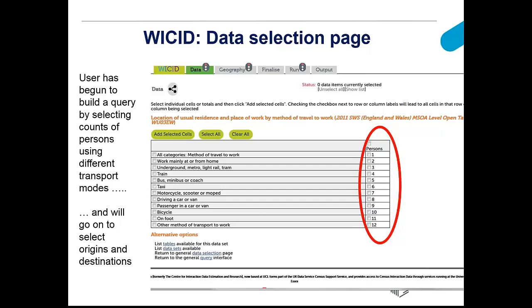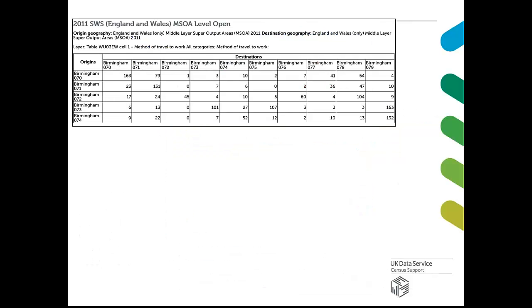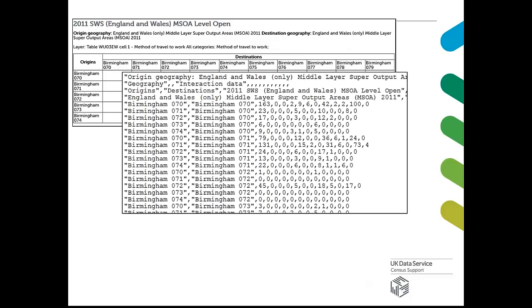In this table, this is the table framework. The numbers listed here on the right-hand side that are highlighted are cell numbers. They're not data observations, they're cell numbers. So the user can select one or more of those. Having done so, and having selected some origins and destinations, they can then produce output. That can be produced in a number of ways.